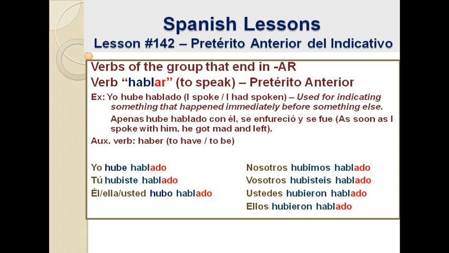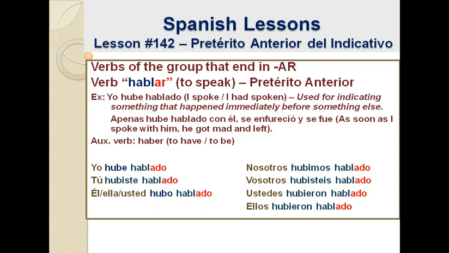Vosotros is a subject pronoun that is used in Spain, and ustedes is the one that is used in Latin America. So let's begin. Yo hube hablado. Tú hubiste hablado. Él hubo hablado, or ella or usted hubo hablado. Nosotros hubimos hablado. Vosotros hubisteis hablado. Ustedes hubieron hablado. Ellos hubieron hablado.